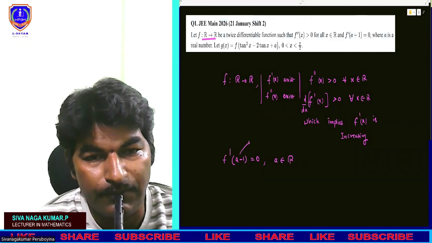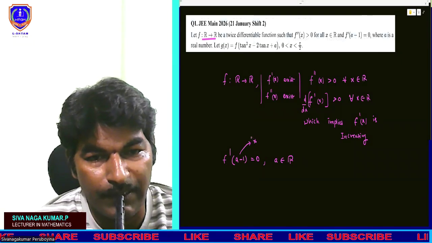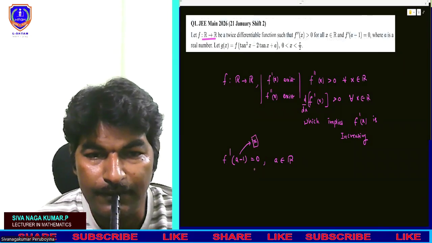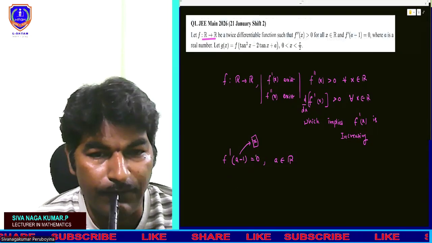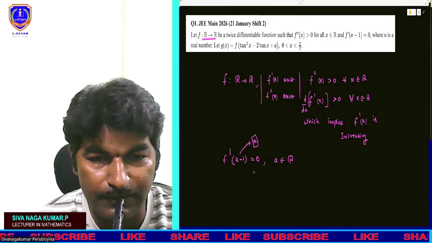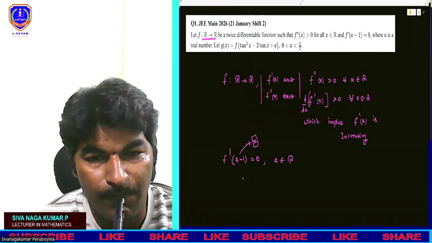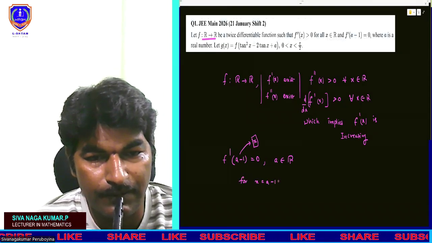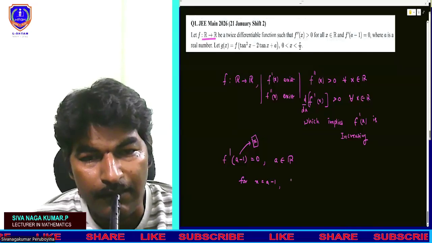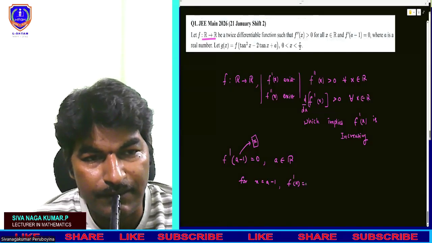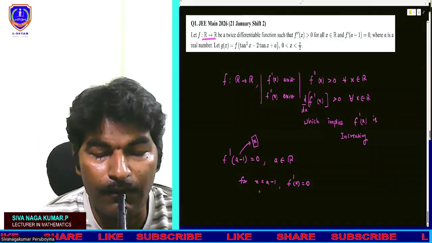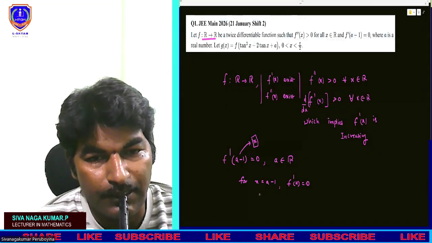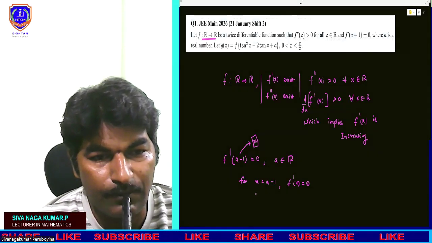Here this value is replaced by x. So for x equal to a minus 1, the derivative f'(x) is 0. So there it is getting a maximum or minimum.